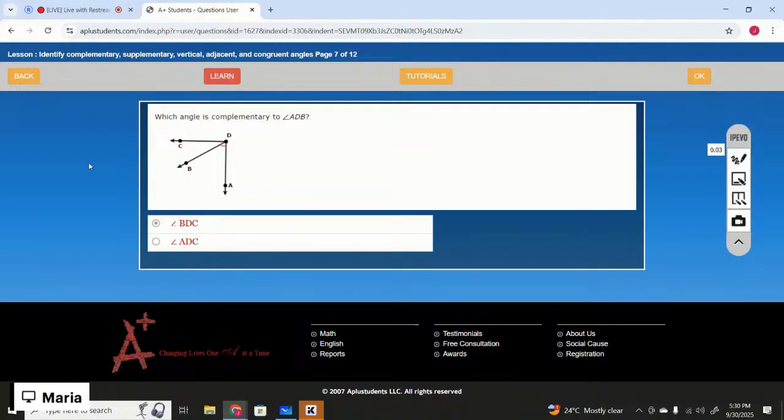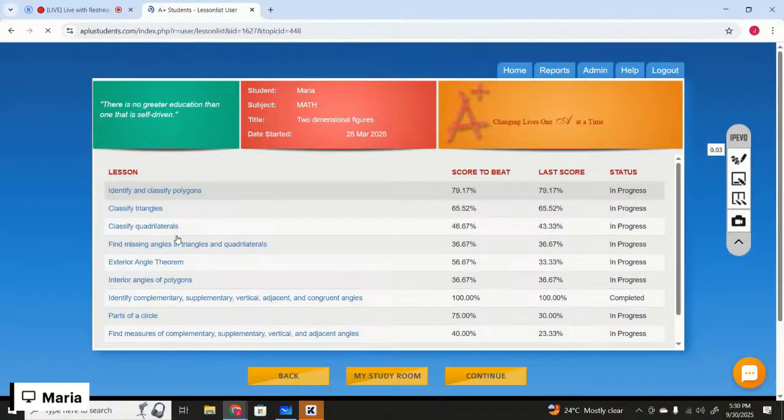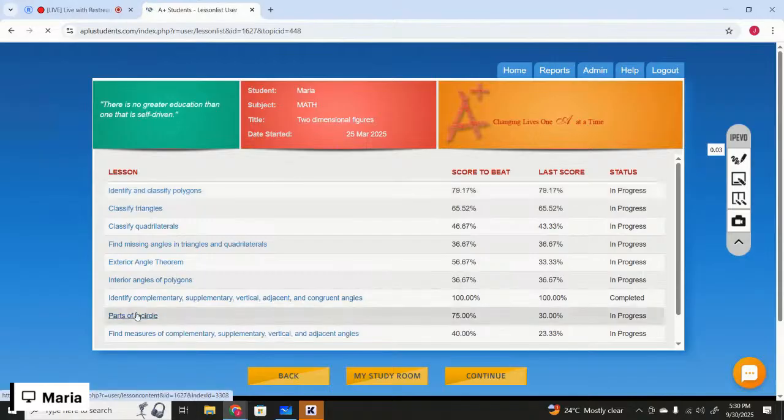Option number 1 is the correct option. Okay, you can complete the lesson by yourself later today. Let me just move on to the next lesson. That is parts of a circle.